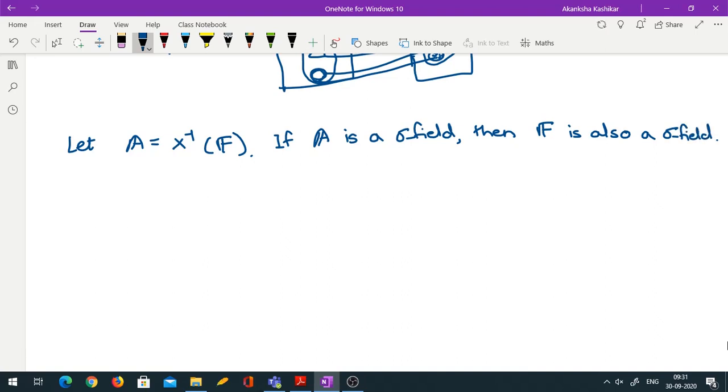Okay, so what I am saying is, if the collection of inverse images of F is a sigma field, then F itself is also a sigma field. So we have to prove this.